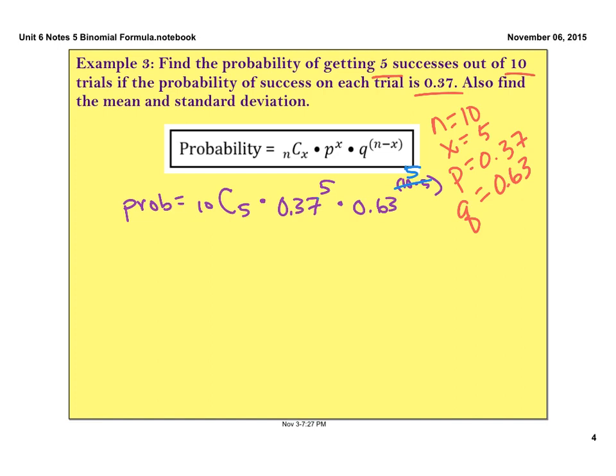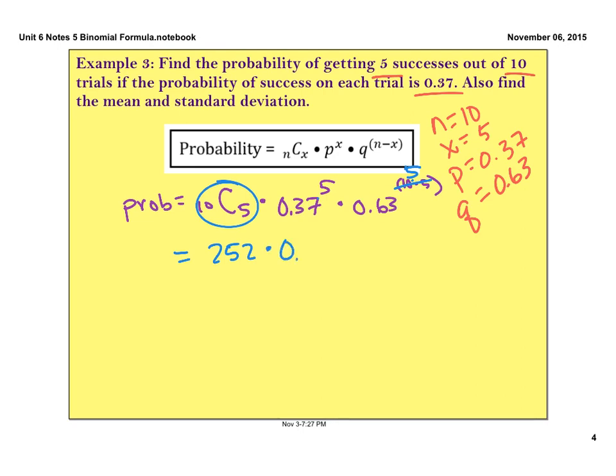If there's 5 successes, that means there's 5 failures for a total of 10. Then I'm also going to type that into my calculator first. So 10, math, probability, option 3 for nCr, and 5 successes, that's 252. 252 different ways to choose 5 things out of 10 choices.